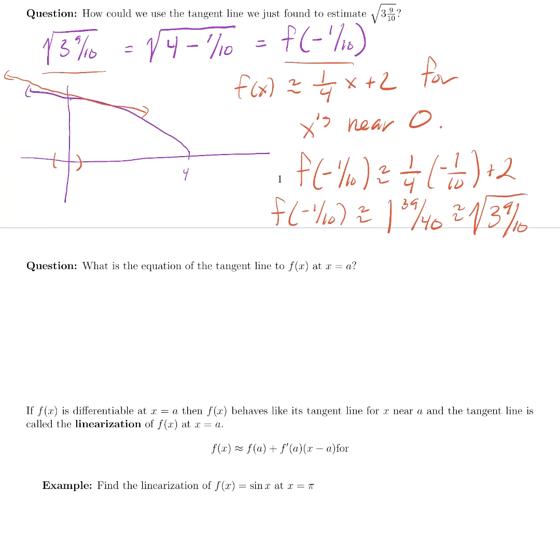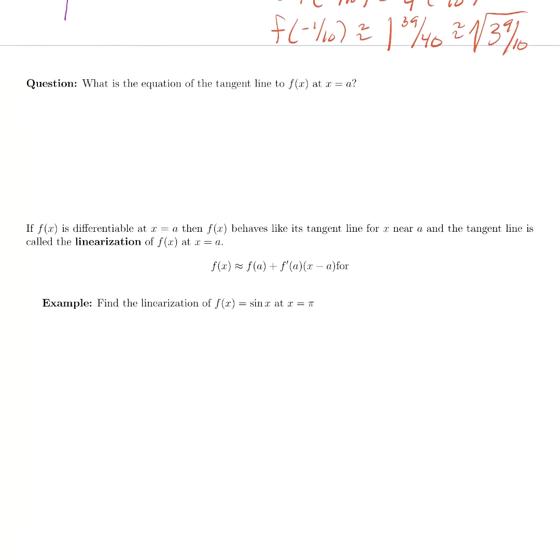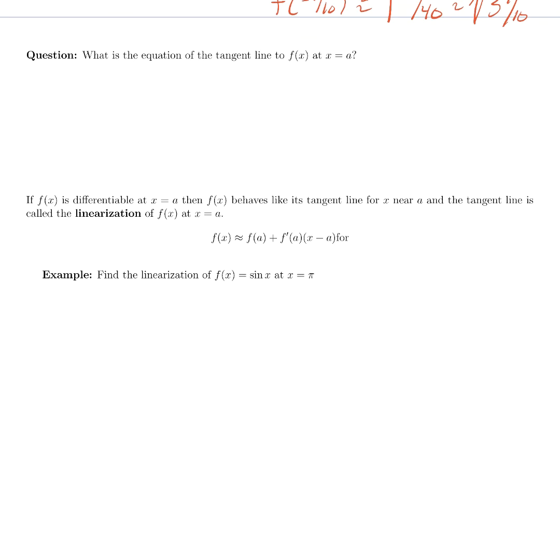Let's generalize this idea. What is the equation of the tangent line to a function at a? At some value a, the tangent line goes through the point (a, f of a), just like above it went through 0 and f of 0, which was 2. And it has a slope that is given by the derivative evaluated at a.